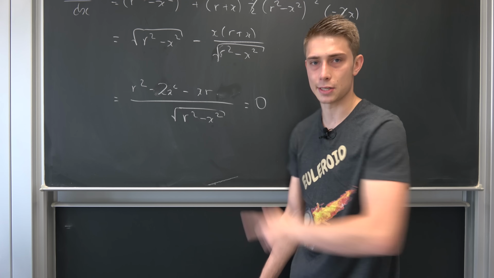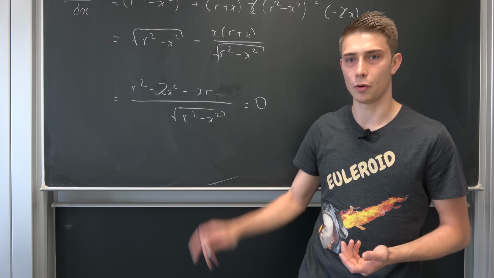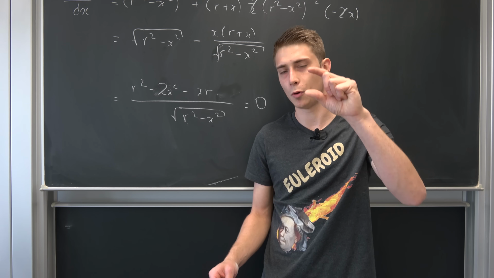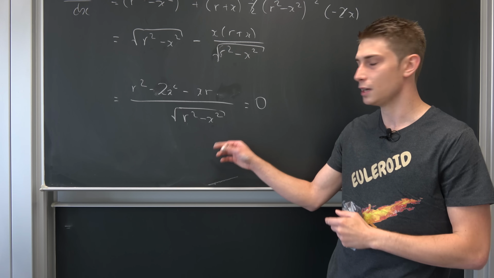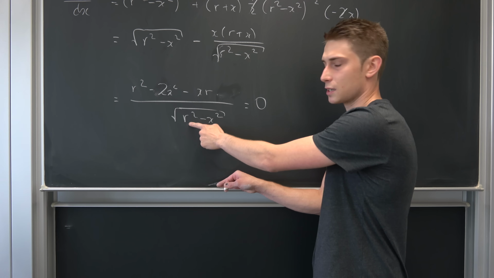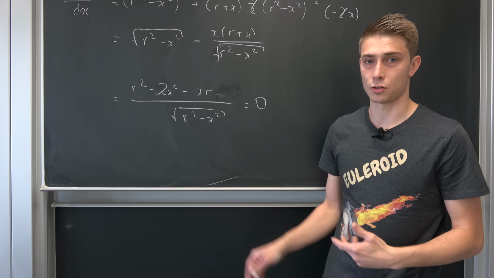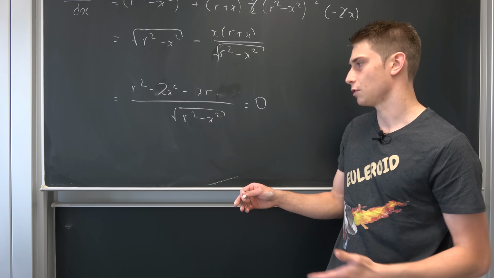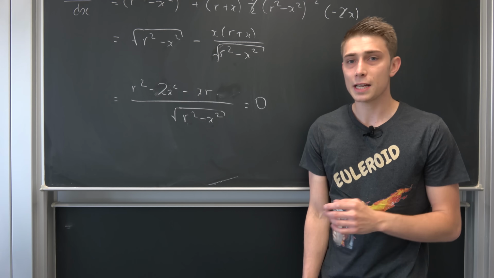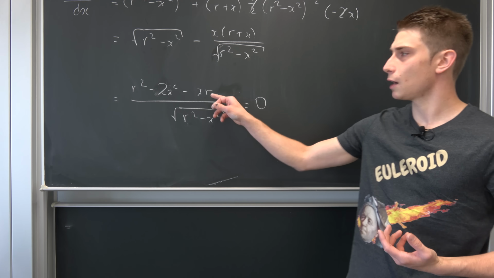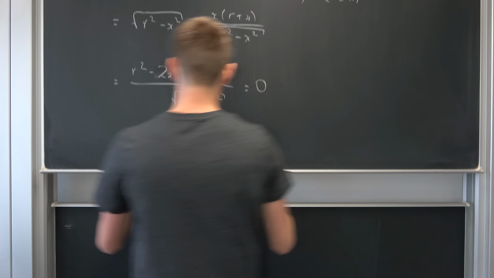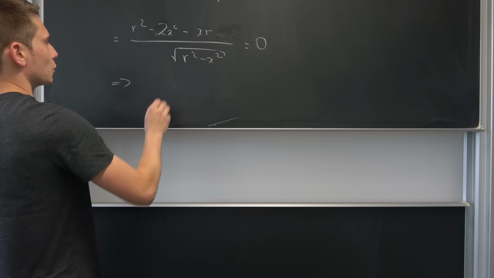But our x is strictly less than our r right here, so it was just a small portion, a small line segment in the circle. So that means since our radius is finite, our x is also finite, so it can't tend to infinity. We got that out of the way, so that equivalently means that our numerator must be equal to 0. That's what we can conclude.